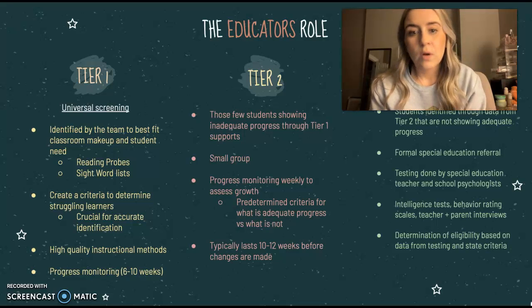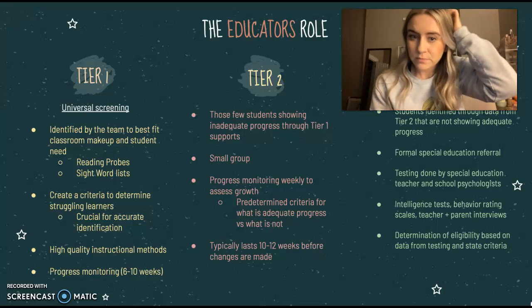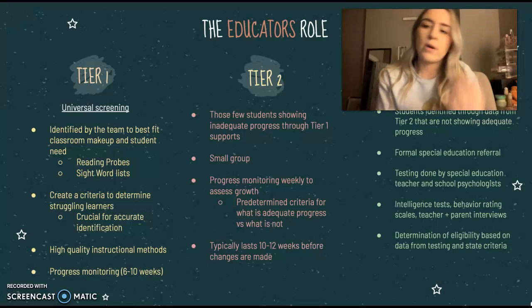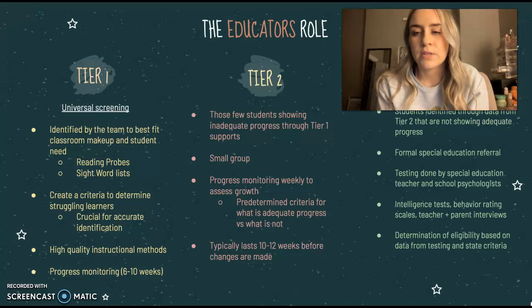Tier 2 would be using that criteria to determine which among those students are not showing adequate progress, are not meeting grade level standards, and then those students would move to a Tier 2 model. So Tier 2 models often are small group, whoever is identified.